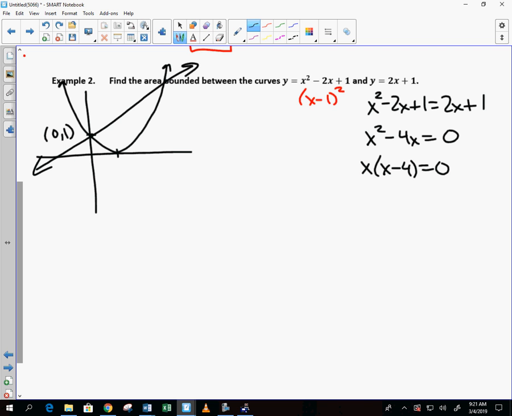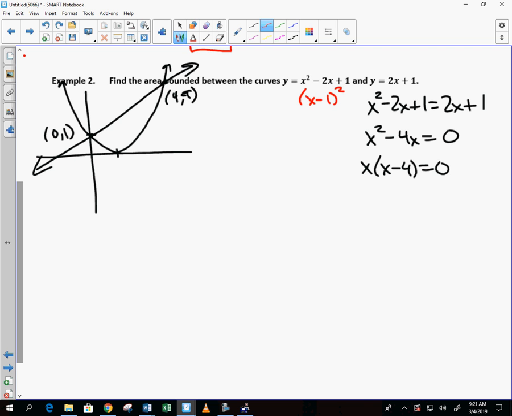We knew the 0. That produces the 0, 1, correct? So this is 4. What's the y value? 9. Yep.